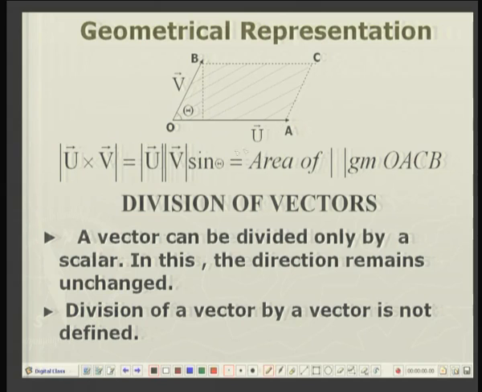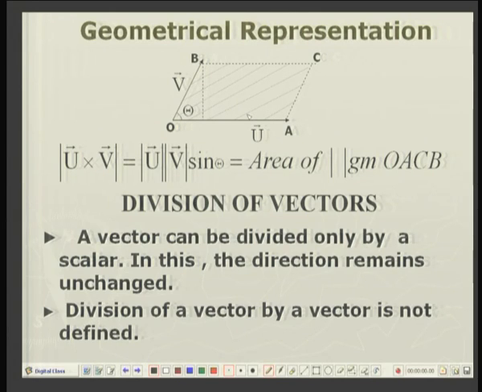So, this gives me the area of the parallelogram OACB, which is equal to the base times the altitude. So, the magnitude of u cross v is equal to the area of the parallelogram whose two adjacent sides are in the direction of u and v, and the magnitudes are proportional to their magnitude.